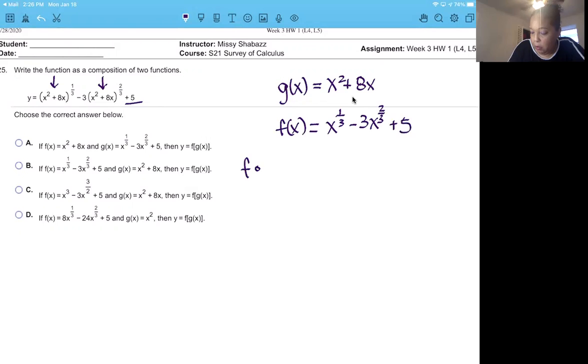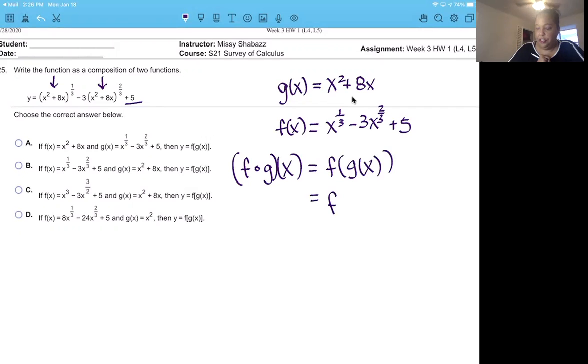So f compose with g. If I plug g of x into my f, will I get this function y back? So x squared plus 8x.